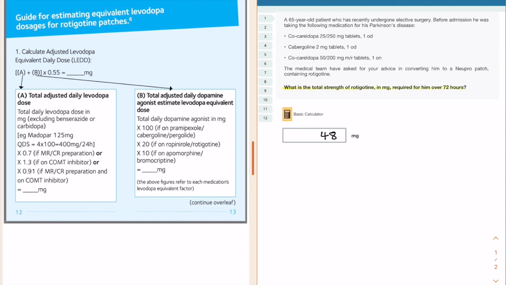So you really want to get a good understanding and break down what it is that the question actually wants from you. For example, the question is actually wanting the total strength of rotigotine in milligrams over 72 hours.